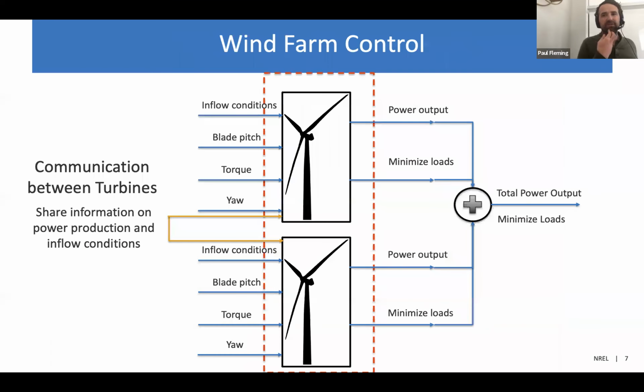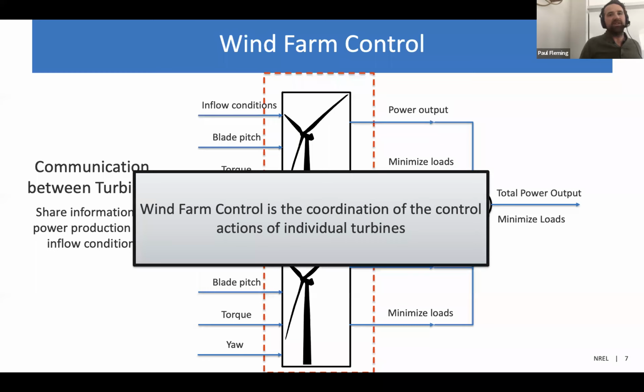Sharing information between turbines might look like passing different meteorological information or current status, whereas global objectives might mean that the controls that lead to the optimal power production of one turbine aren't optimal on a farm level, and we'll get way into that. But you can say that wind farm control is the coordination of the control actions of individual turbines. Different objectives, different means, but maybe that's a nice catch-all.